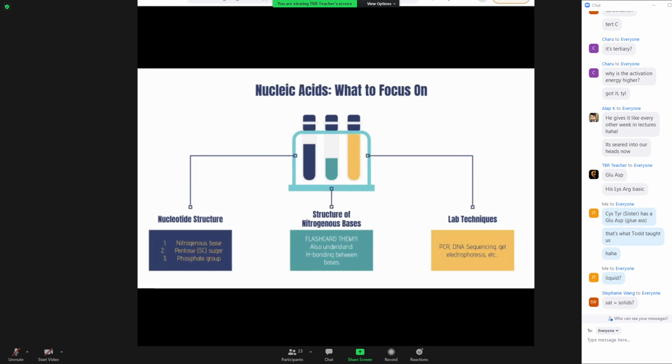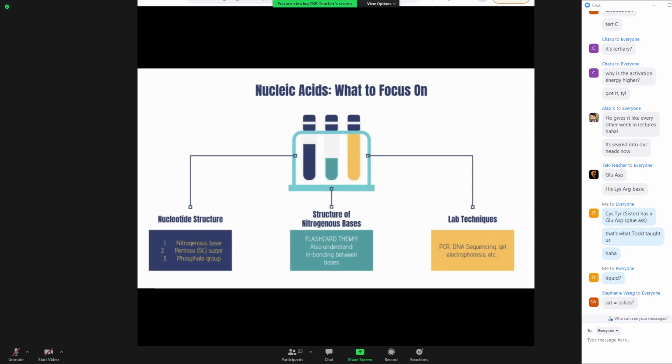If you do a little Google search, there's a really nice photo showing where in the molecules the H bonds occur and how many are donated and accepted. I wish I had put that on there, but I would just look that up for reference, because I also think that's important to know.